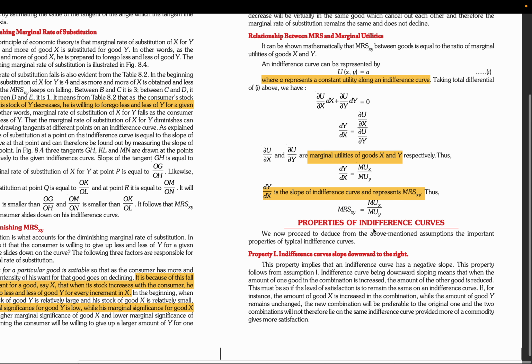We now proceed to deduce from the above-mentioned assumptions the important properties of typical indifference curves. Property 1: indifference curves slope downward to the right. This property implies that ICs are negatively sloped. This property follows from assumption 1. Indifference curves being downward sloping means that when the amount of one good in the combination is increased, the amount of the other good has to be decreased.